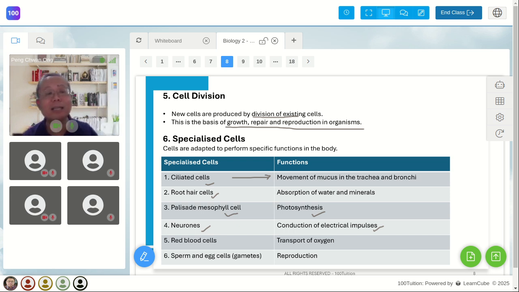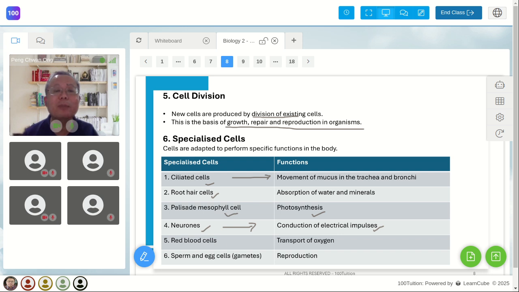Let's say I touch something hot, and immediately the information is sent from the neurons to the nervous system, and then relayed to the motor neuron, and then you create an automatic response. That's how when we touch something hot, we immediately withdraw, even without our brain telling us what to do. This is in chapter 14 or 15, where we learn about coordination and responses. But all this is done through the specialized cells we call neurons.